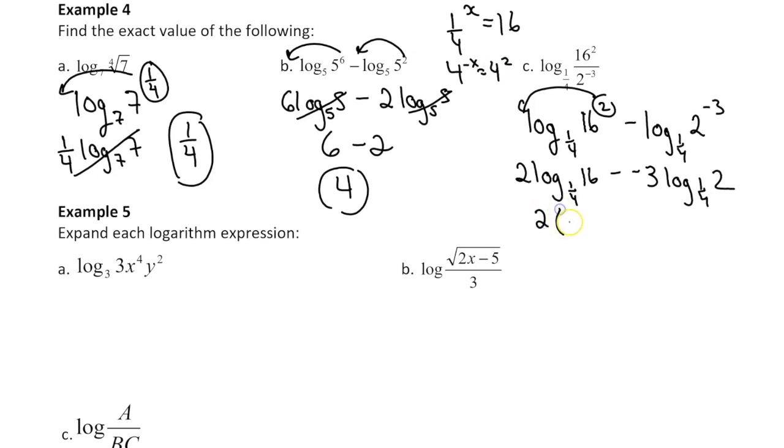So here we get 2 times negative 2, and we're going to subtract a negative, so we're going to add. Well, what would you say this? What would be log base 1/4 of 2? And if you think about that, you could rework that, and you would get negative 1/2.